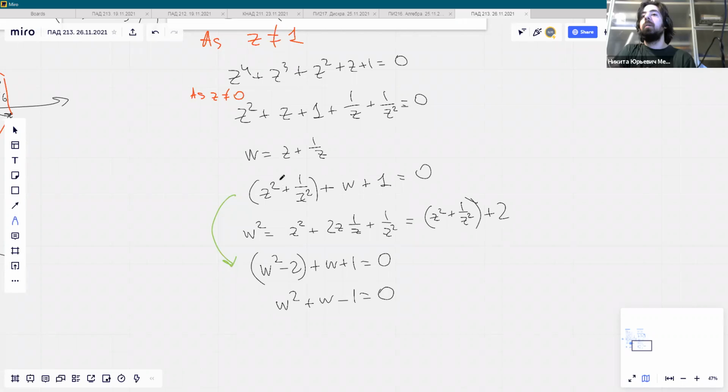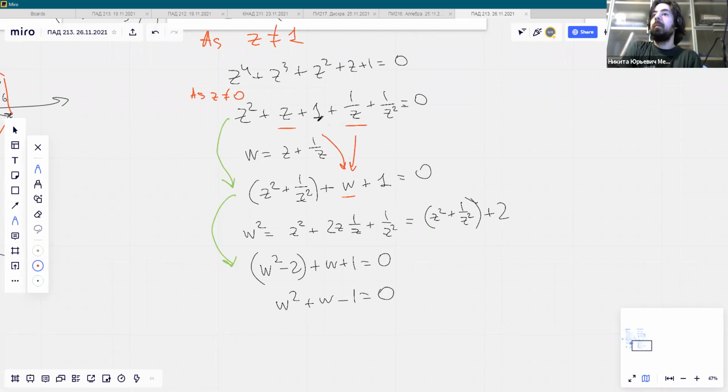Okay, so to simplify this expression, I introduce the variable w. I let w be z plus 1 over z. Then this plus this goes into this w. This one is still here, and this z squared plus 1 over z squared is still here. But I don't like this.